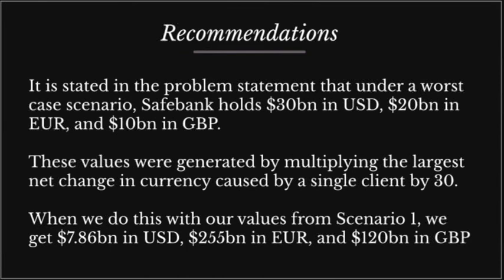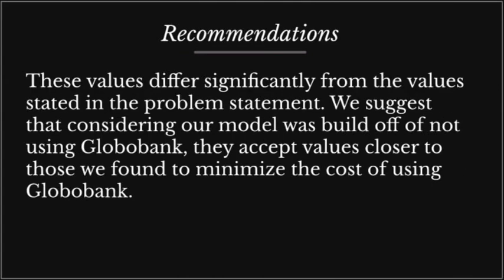When we do this with our values from Scenario 1, we get 7.86 billion US dollars, 255 billion euros, and 120 billion Great British pounds. These values differ significantly from the values stated in the problem statement. We suggest that, considering our model was built off of not using Global Bank, they accept values closer to those we found to minimize the cost of using Global Bank.